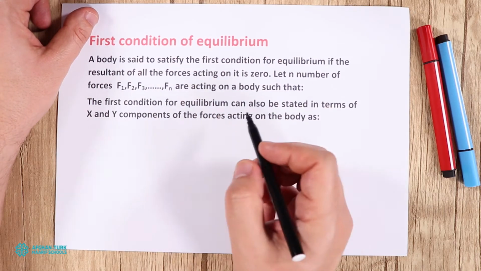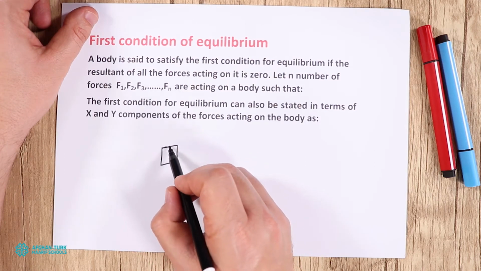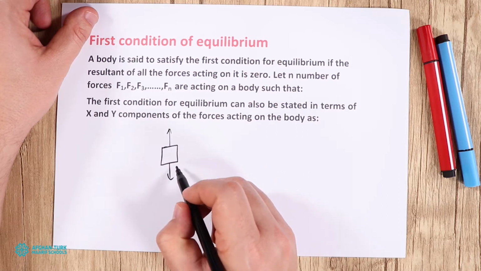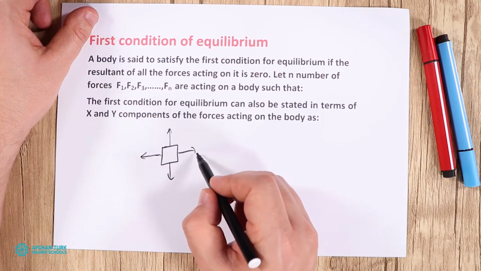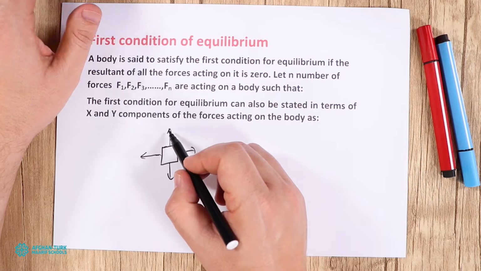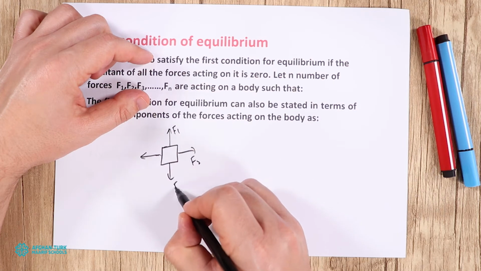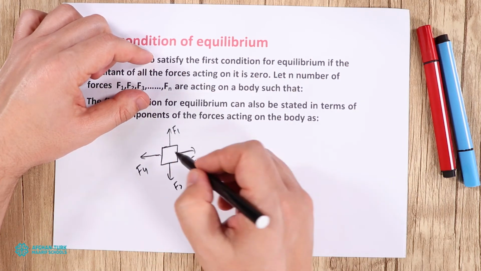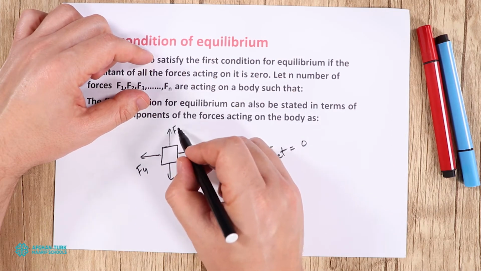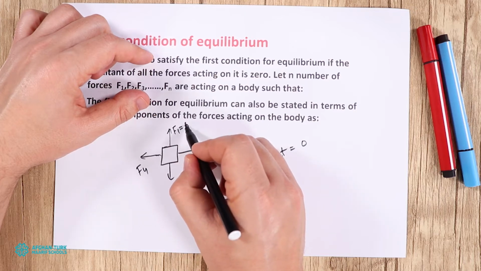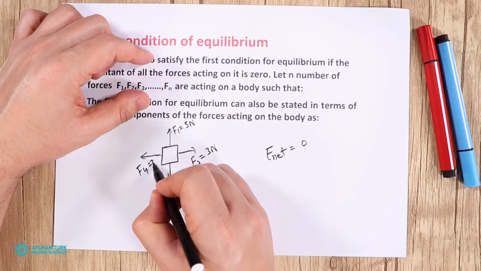Same as in the equilibrium video, if we have an object with forces applied in different directions, like upward, downward, left and right, and we sum all these forces, let's suppose this is F1, this is F2, this is F3, this is F4, the net will be equal to 0. This one is 5 Newton, this one is also 5 Newton, this one is 3 Newton, this one is 3 Newton.